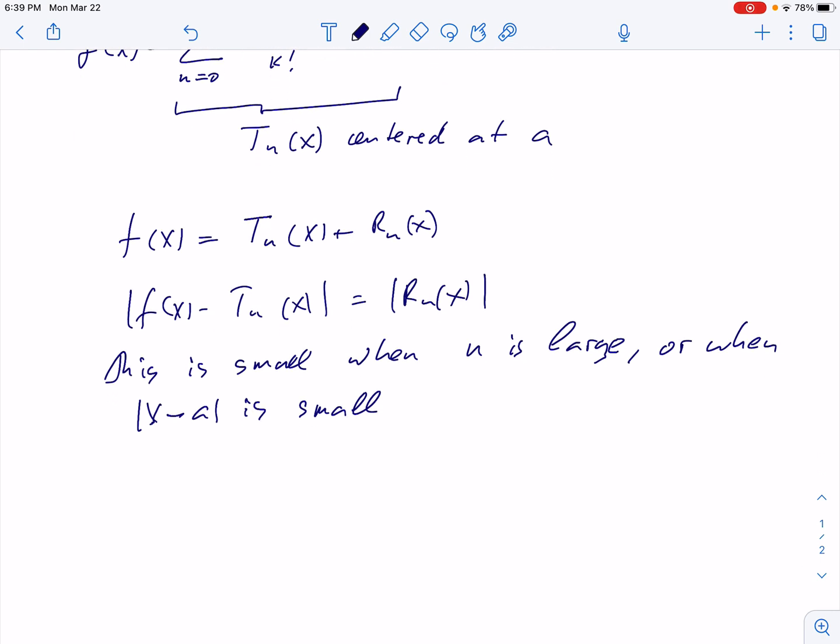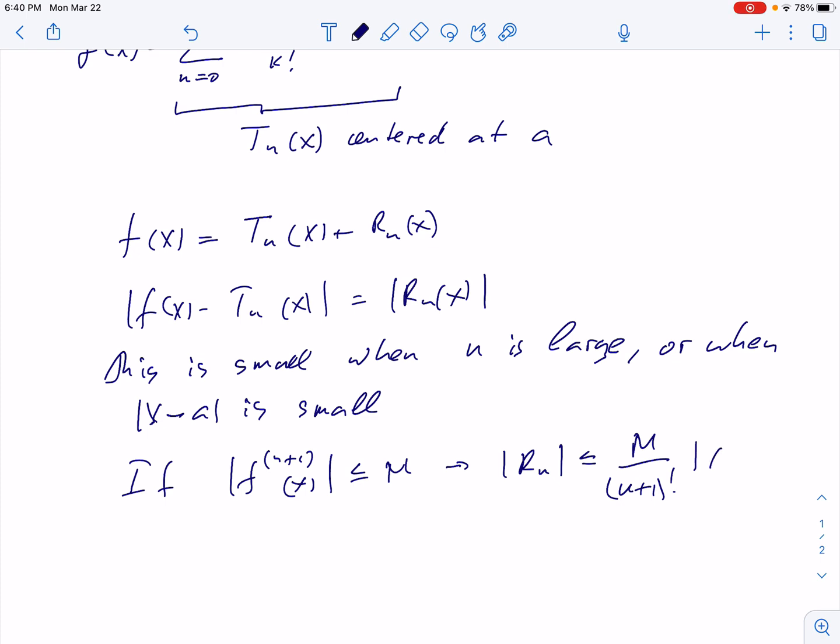Remember, we had an estimate: if the (n+1)th derivative of the function is less than or equal to M, a constant, then the remainder is less than or equal to this constant M over (n+1) factorial times |x minus a| to the power n plus 1.